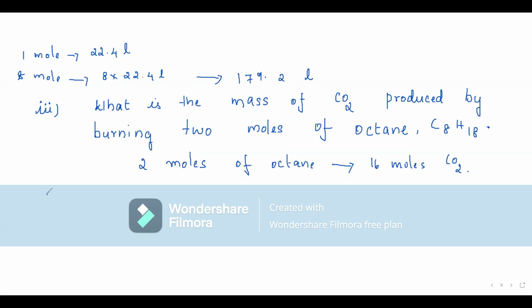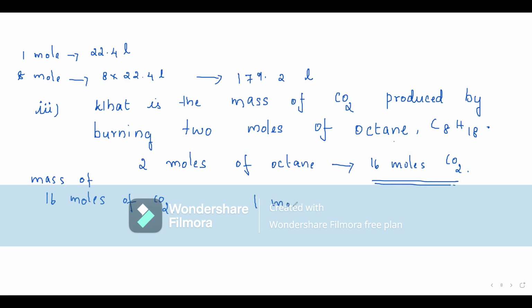So I just need to find here mass of 16 moles of carbon dioxide. Why is it so? The question says you are burning 2 moles of octane. When you burn 2 moles of octane, your result is 16 moles of carbon dioxide.